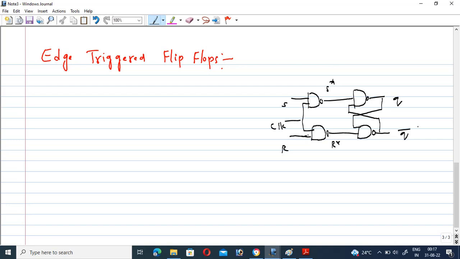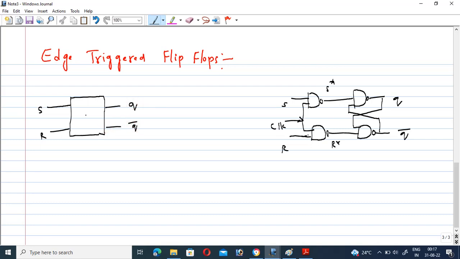But for our edge triggering concept, I can mention this. This is a clock signal, and it can be represented like this. It is a positive edge. So I will represent this complete circuit in terms of a block diagram. It consists of S, R, Q and Q bar.